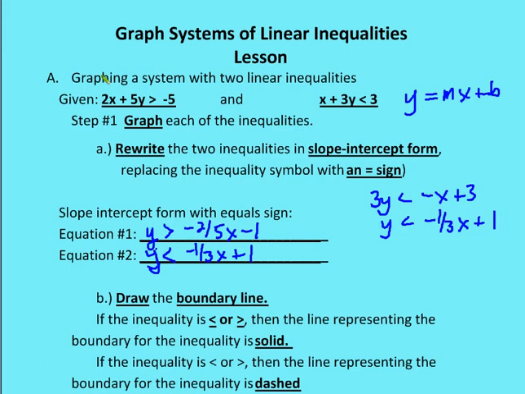If it was greater than or less than, we dashed. If it's greater than or equal to or less than or equal to, then it would be a solid line. Then we graphed both of the lines. We tested a point for each of the inequalities to make sure that that point was true. And then we shaded in the respective areas and found the common shaded area, and that's going to be our solution.